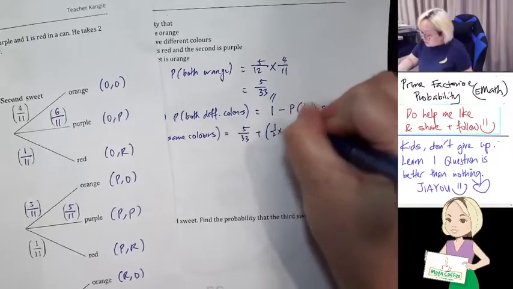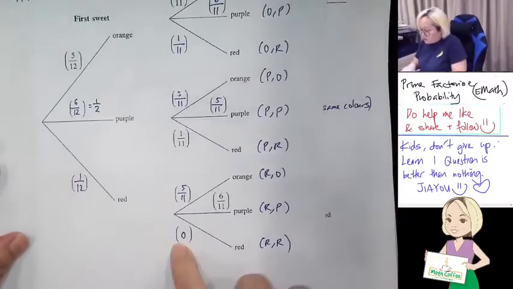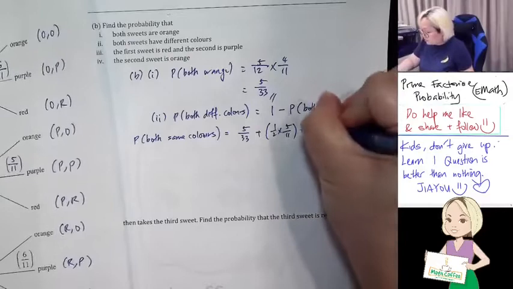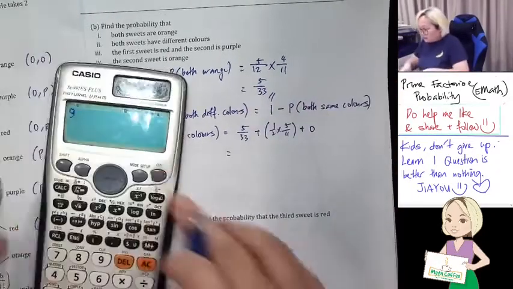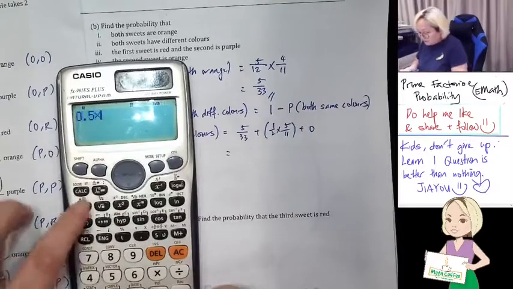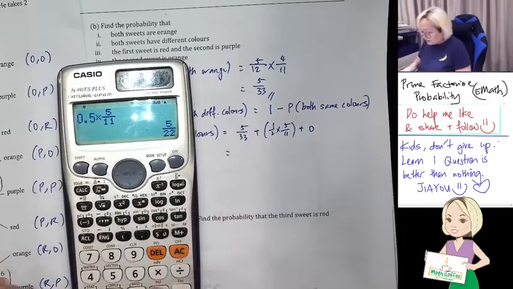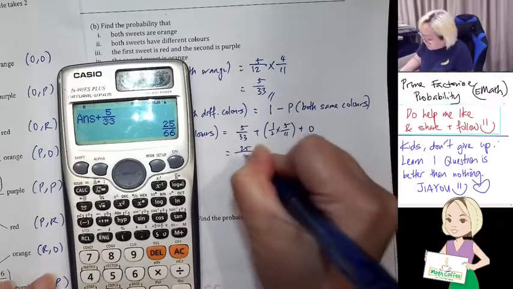Plus my RR is 1 over 12 times 0, which is just 0, so it's just plus 0. So I have half times 5 over 11, and after that plus this 5 out of 33. No need to plus 0, meaningless. So it's 25 out of 66.